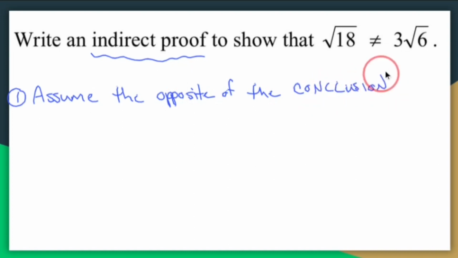What's the conclusion? It's the second part of what you're trying to prove. Let's assume the opposite. In other words, to do this problem, we're going to assume that the square root of 18 is 3 root 6.